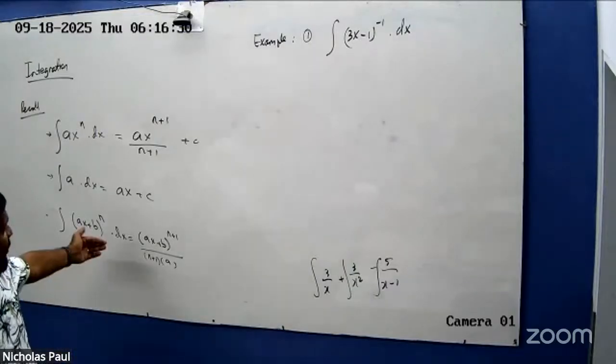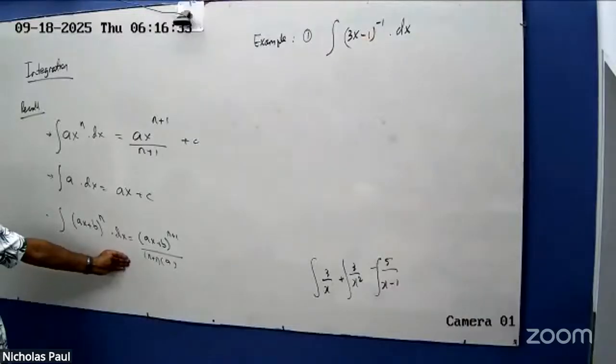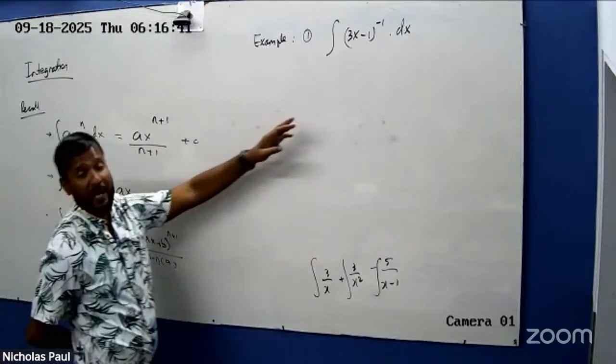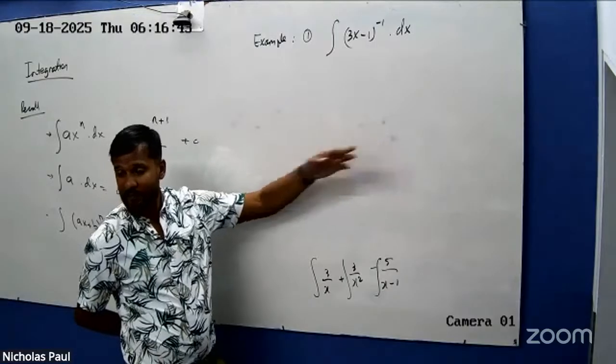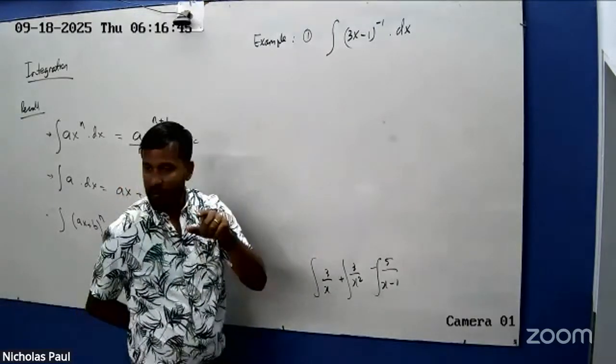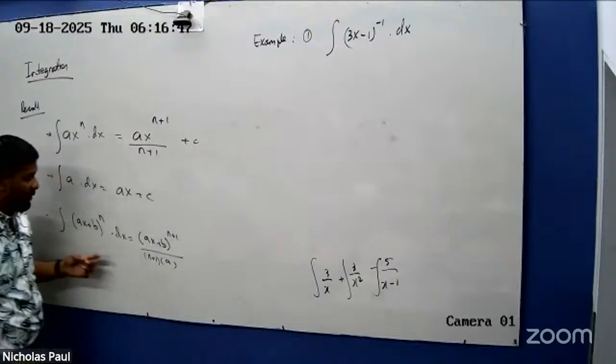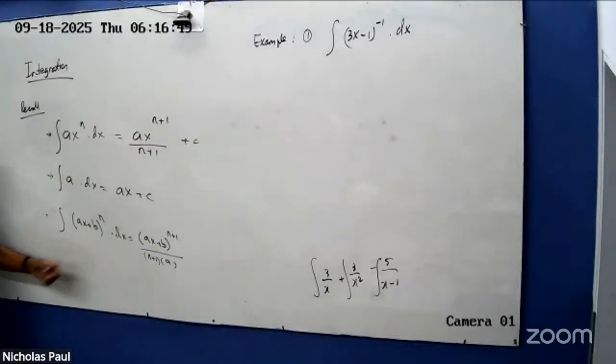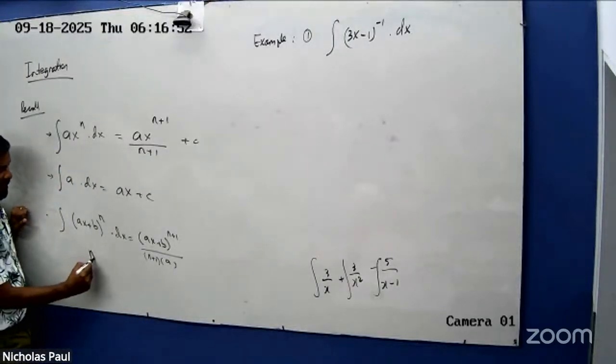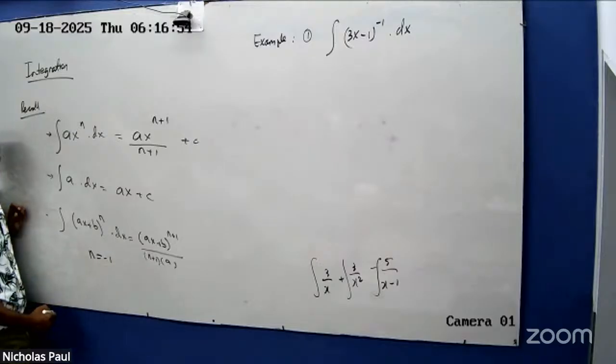No, but if you use this rule here, what will happen? Right? And what will happen? You'll get 0. So you'll end up having to divide by 0, right? And if you divide by 0, you get undefined. So therefore, integration for things like this will not work when n is equal to -1, right?